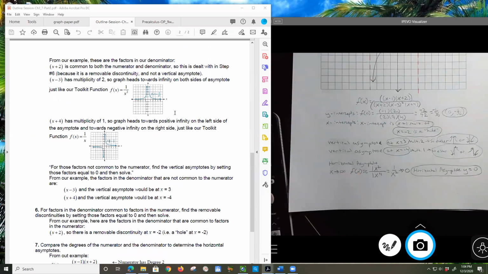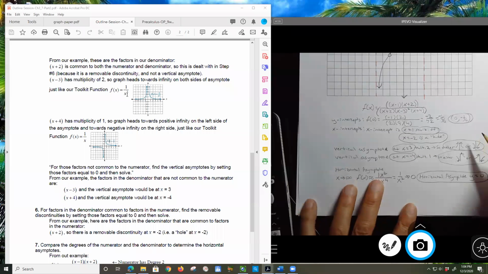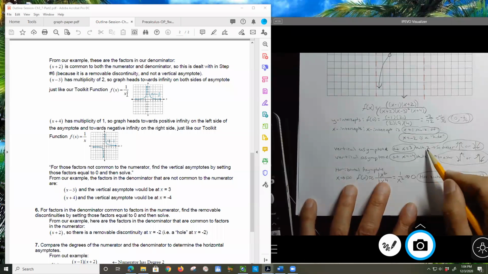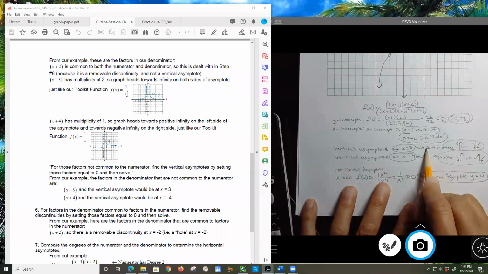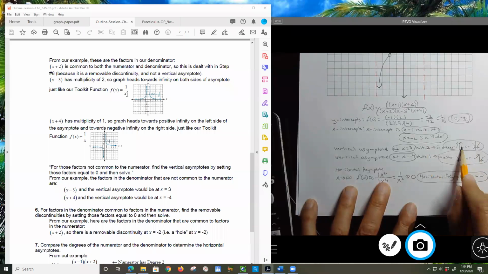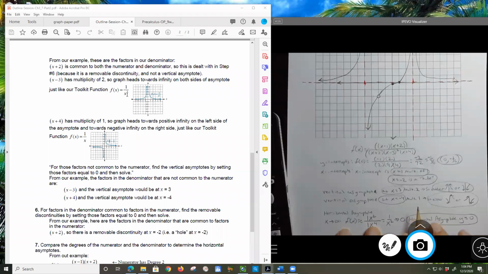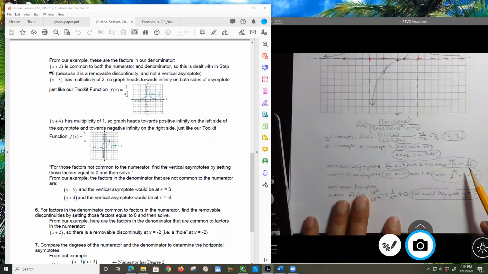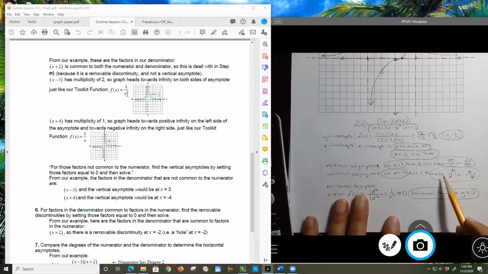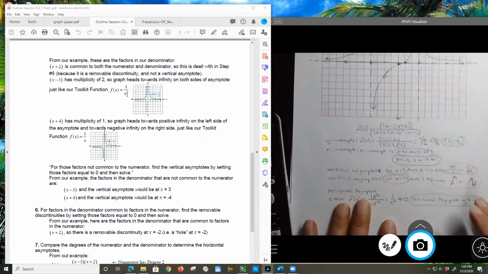This is how you know, by noticing the multiplicity. If the multiplicity is an even multiplicity, then I know it's going to do one of these. If the multiplicity is odd, it's going to do one of these. That's what's new to you, so that's going to take some practice getting used to.